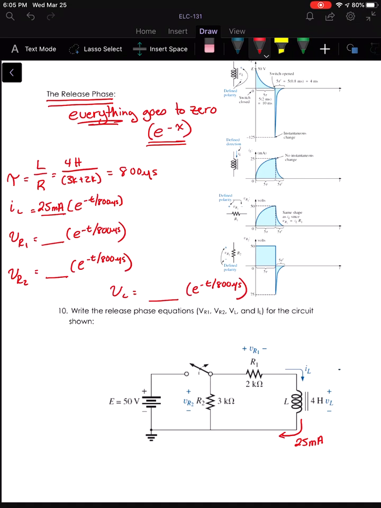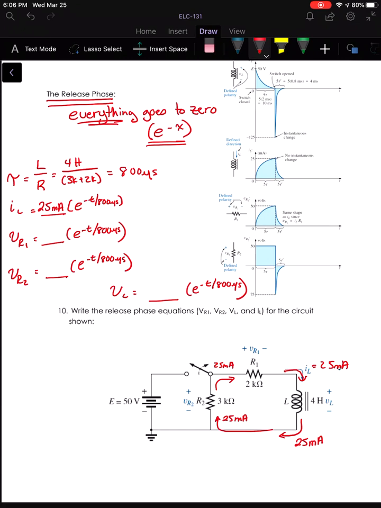Okay, but what does that mean? If I have 25 milliamps through this circuit, I've opened the switch, so that means that 25 milliamps is going to go this way. And then it's going to continue this way, 25 milliamps. And so on, right? So I've got 25 milliamps initially until I start to release that energy a bit.